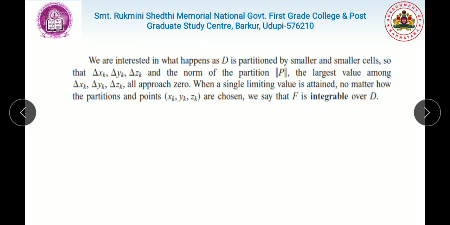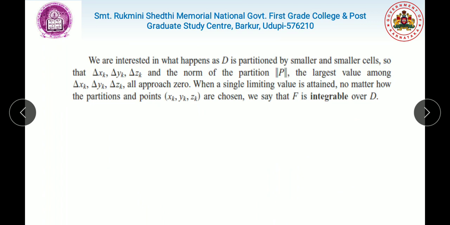We are interested in what happens as D is partitioned by smaller and smaller cells, so that delta xk, delta yk, delta zk and the norm of the partition, that is norm P, the largest value among delta xk, delta yk, delta zk, all approach 0.